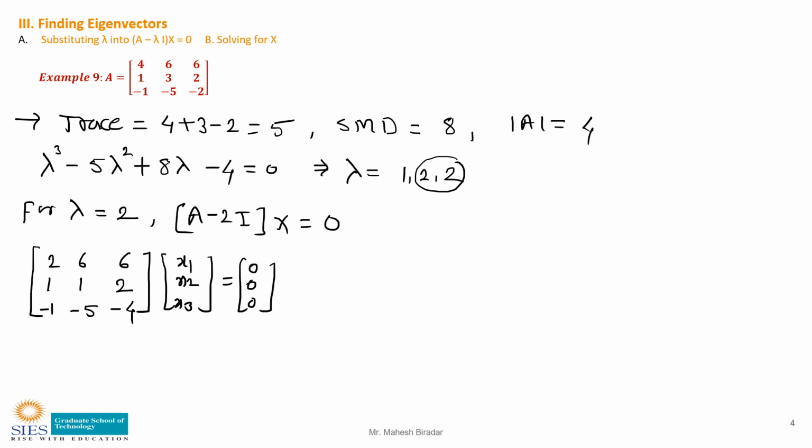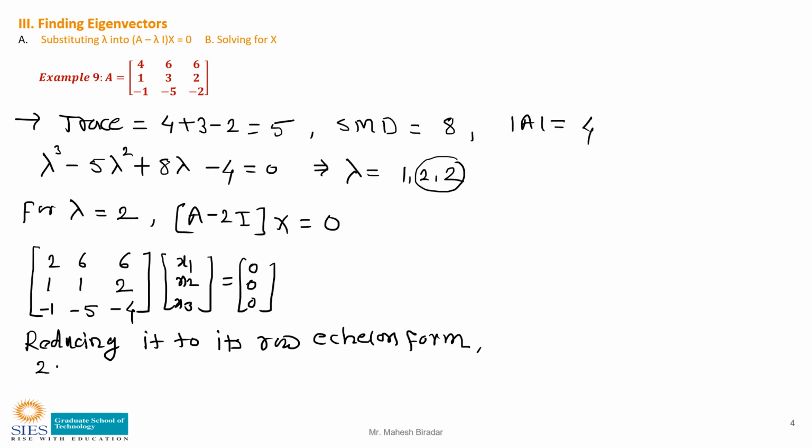Now we have to reduce this matrix to its row echelon form. So you do some calculation, which is twice R1, R2 becomes twice R2 minus R1, and R3 becomes twice R3 plus R1.